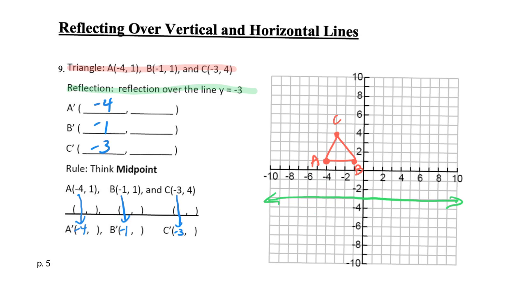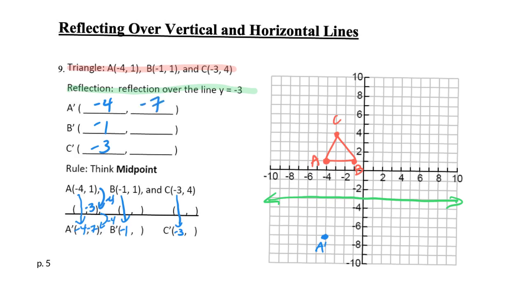So I went down 4, subtracted 4 to get to -3, right? And so I just want to, once again, subtract another 4 to figure out what my y value is going to be for my image point from the central line. So from -3, I'm going to subtract 4 to get -7. And then that should be my image point A prime. So I'm going to plot that and label it. So this is -4, -7.